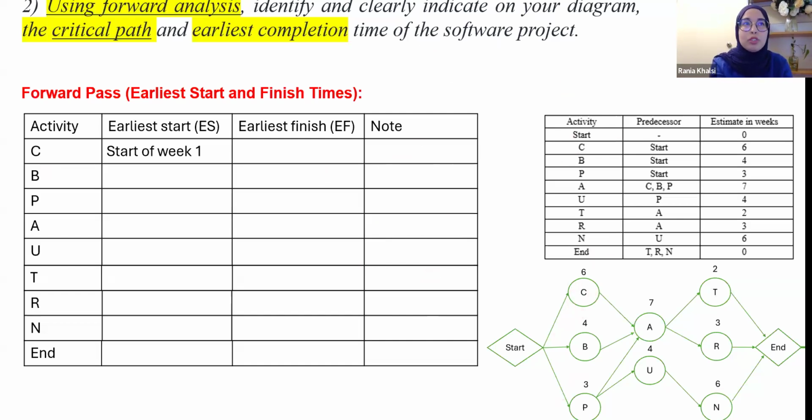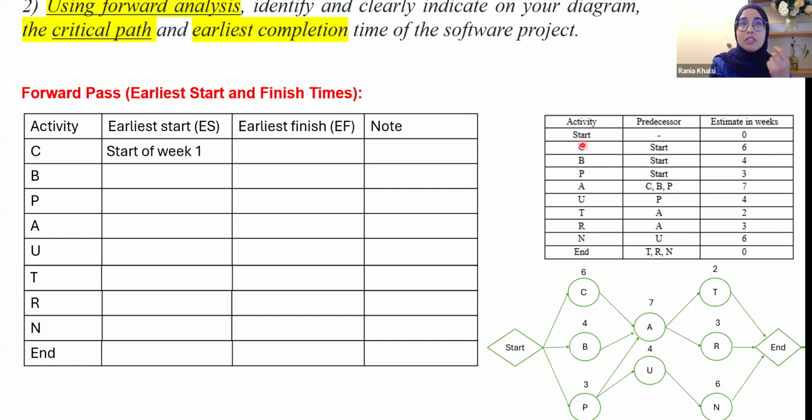Now, the first activity that we have, whether in the table or in this diagram, is activity C, okay? So what we will do first is mention all our activities in the forward pass. In the forward pass, we start in order from the start, with the activities that come first, and we know that there is a sequence of activities in addition to parallel activities. So for the forward pass, we can maintain the same order of the activities as in the first exercise, which is already translated in our graph.